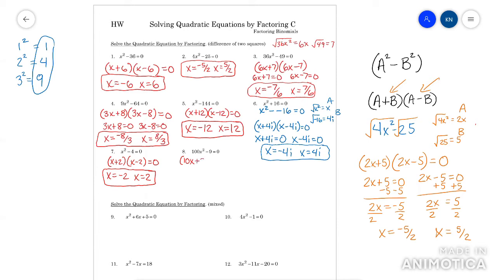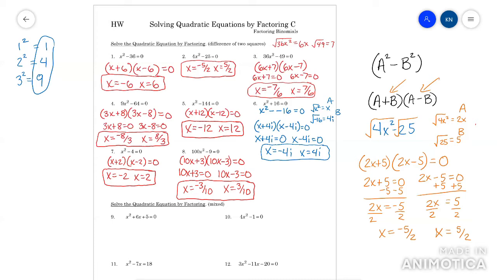Then the root of 9 is 3, so it's 10x plus 3, 10x minus 3 equals 0. Set each factor equal to 0 and solve it. So those were all difference of squares.